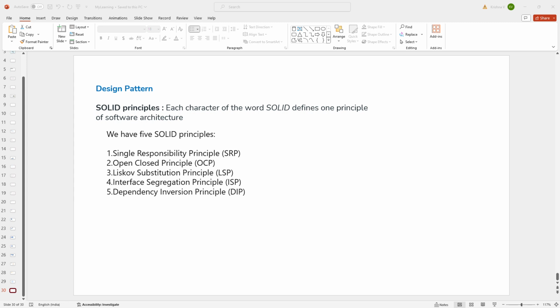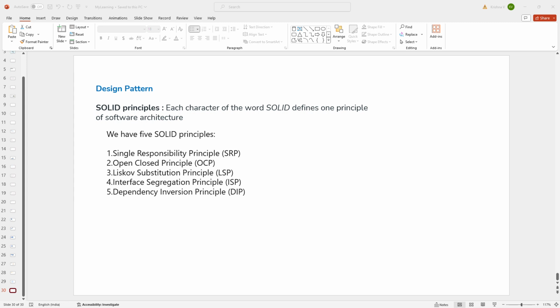So, the single responsibility principle states that a class has a single responsibility. Each service should have a single objective.